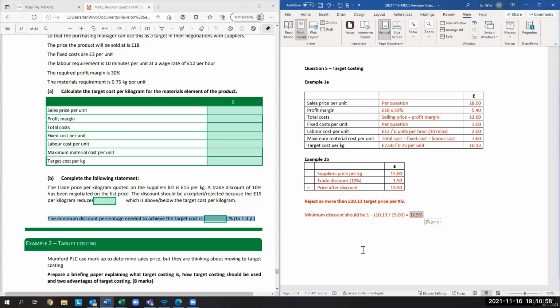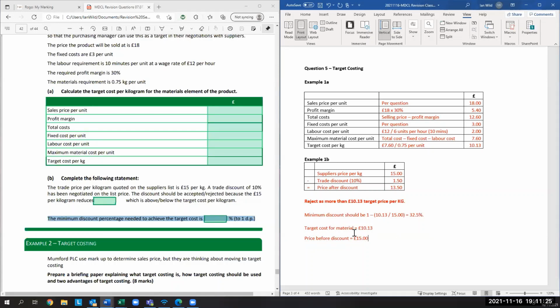Okay, Sarah, no problem. Our target cost is £10.13. Let's break this down then. Our target cost for materials is £10.13. We'll come down in a moment, Sarah. The price before our discount is 15 quid.